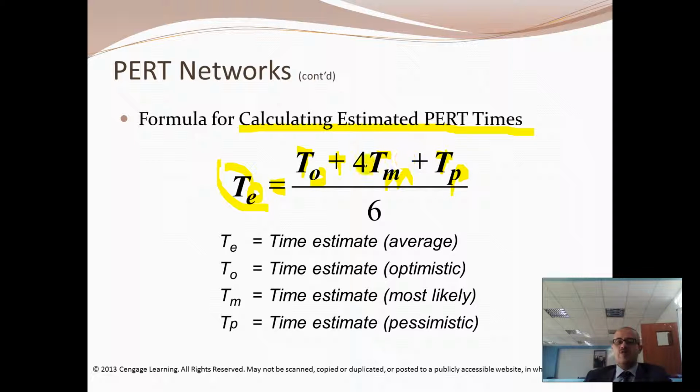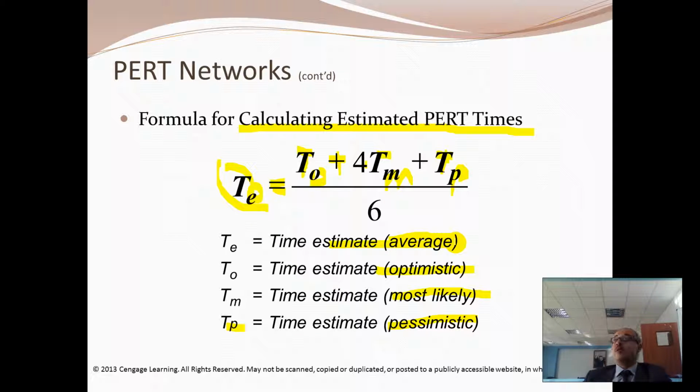So how many times do we have? 6 times. You divide by 6. So here we will get the TE, time estimated average. TO is optimistic, TM is the most likely, and TP is the pessimistic. So what is the average? I mean, we need to differentiate. Estimated is the average time.